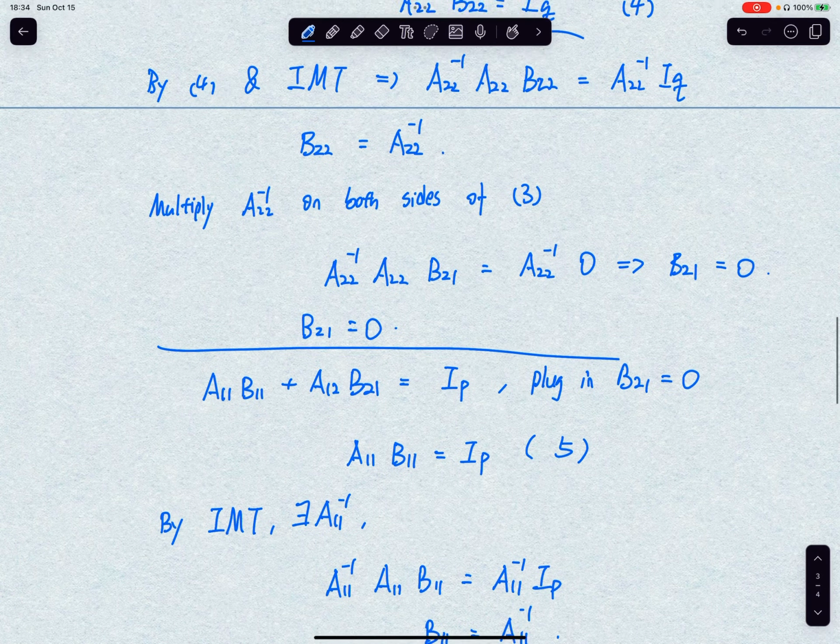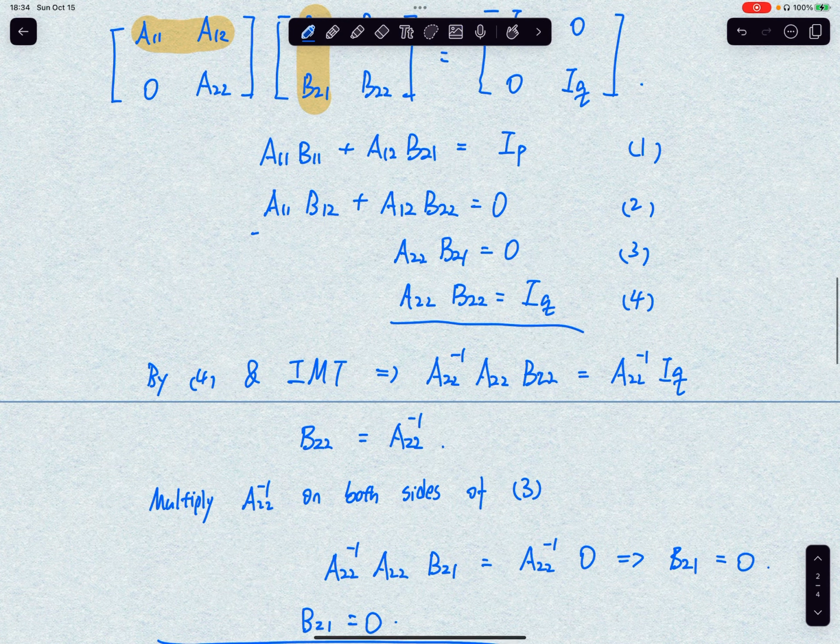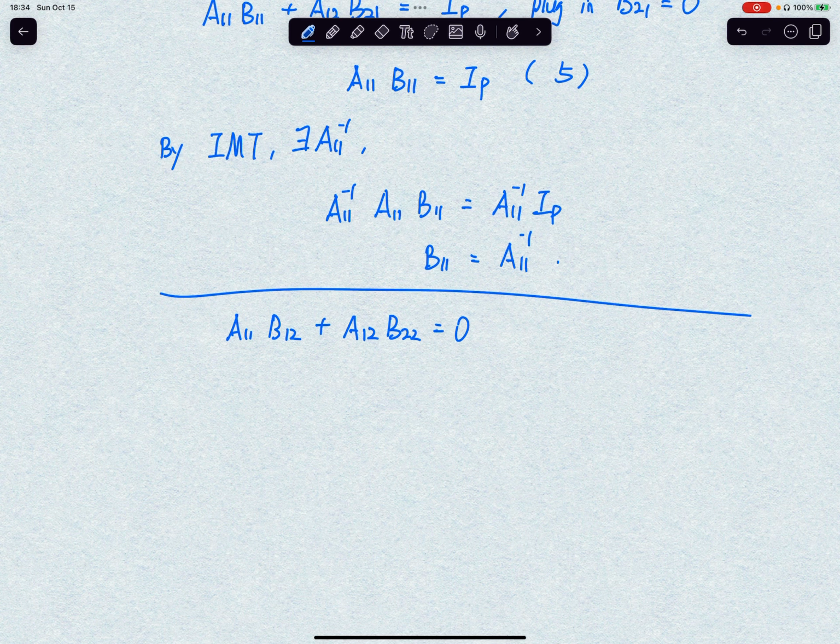It leaves us to find B12, and B12 is in the second equation. So we just copy this down and paste it here. Now, since B11 equals A11 inverse, we really have B11.